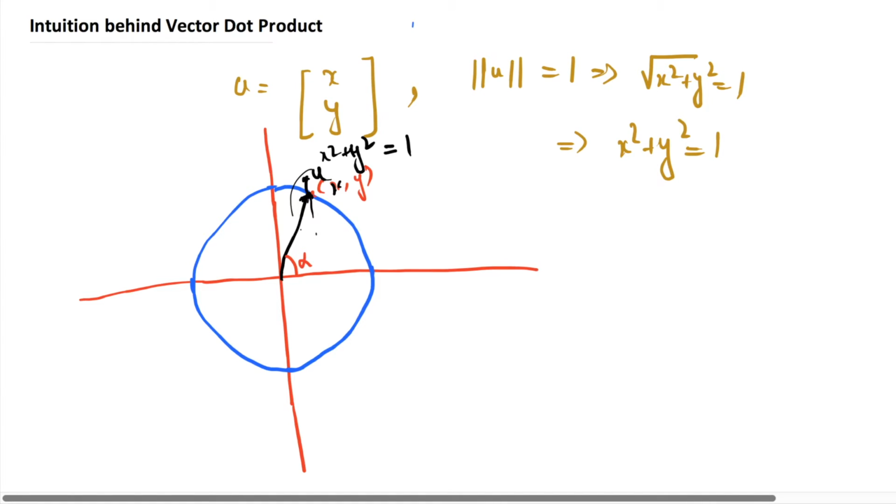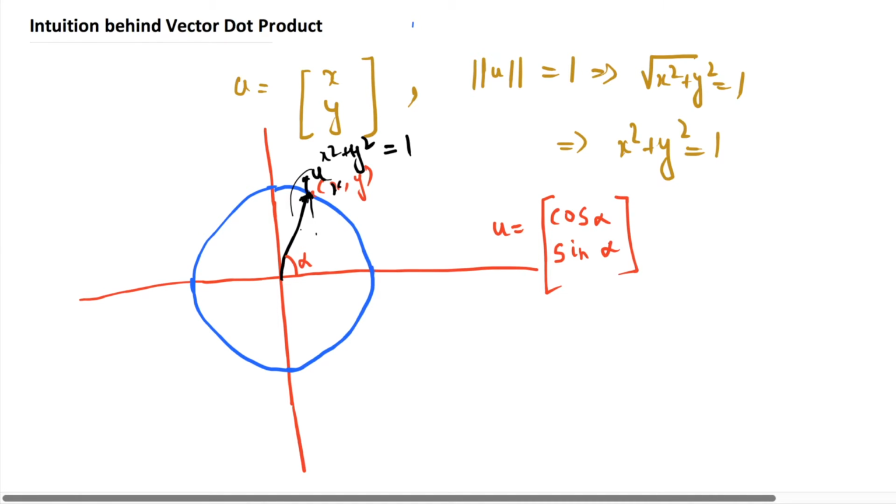So the x projection of vector u will be cos alpha, because the length of the vector u is 1, and the y projection of vector u will be sine alpha. So you can represent vector u like so.